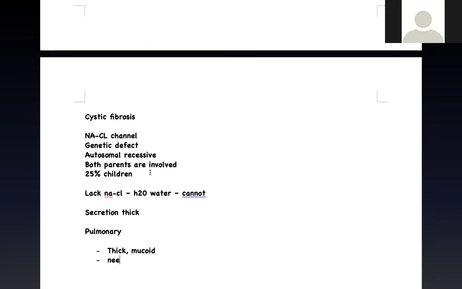So you need something to break down the secretion. That's why they use a mucolytic, something that will break down the secretion, like acetylcysteine, right? This is why we give them acetylcysteine to help with the secretion, and then they can get rid of it.